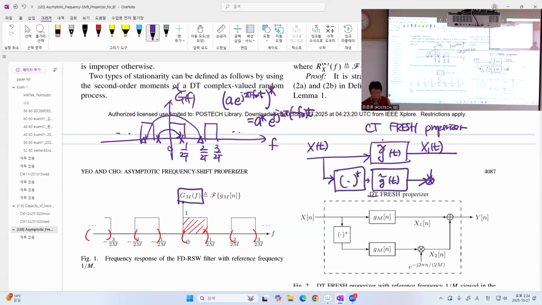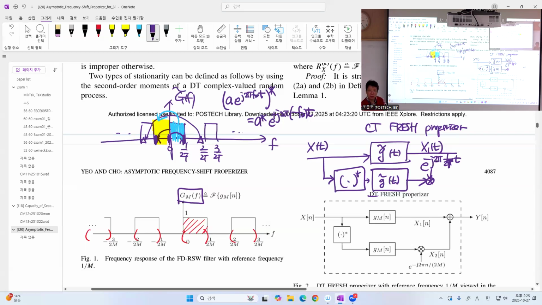Then what happens? As I told you, this one now appears there. And here we again have arbitrary choice. We just shift down. So here we have e to the negative j 2 pi 1 over 2T t. Got it? So take a look at this. Some signal component here flips here and shifts down back to here. Got it?